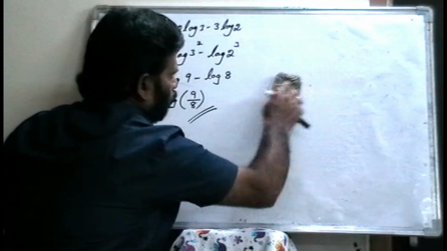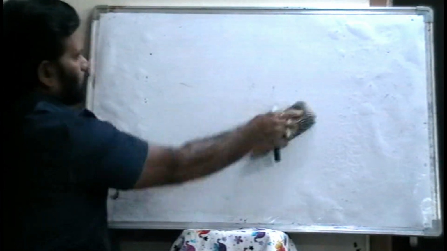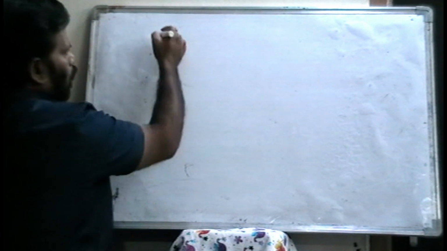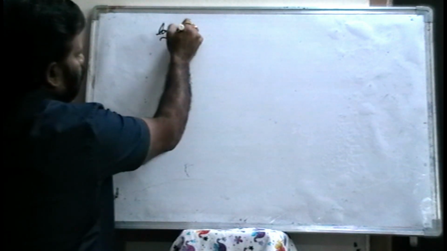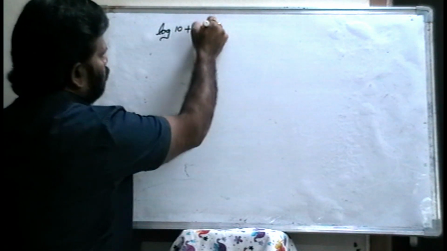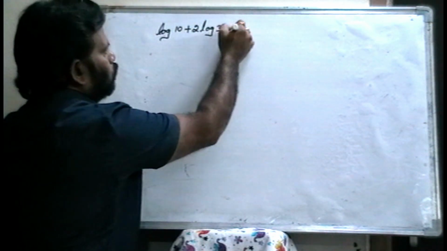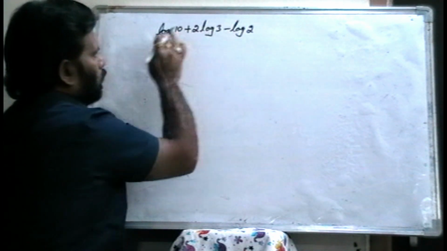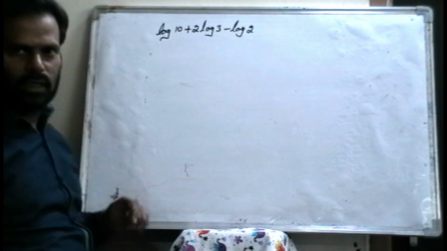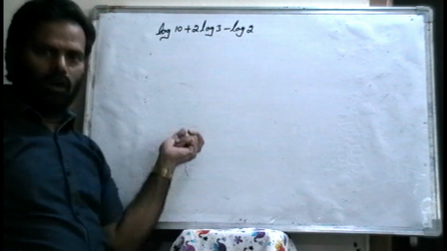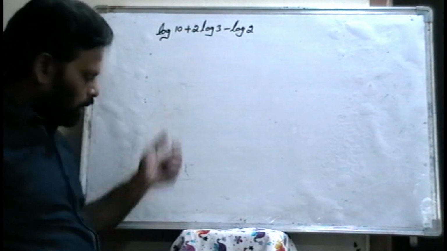And one more example. Suppose log 10 plus 2 log 3 minus log 2. Here 3 logarithms are there, 3 terms are there. Now express as a single logarithm, so single term, minimize, right?